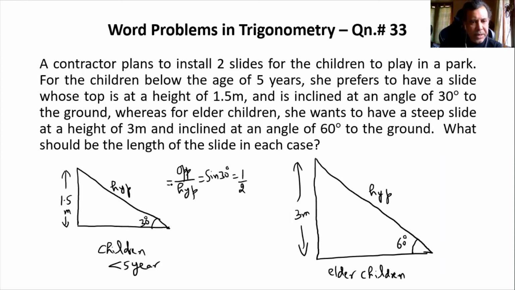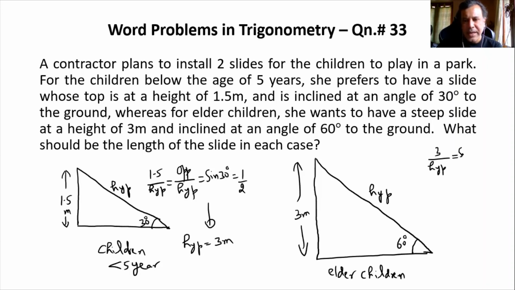And what is opposite here? Opposite is 1.5. Hypotenuse we are supposed to find. So by cross multiplication, we will have hypotenuse is equal to 1.5 into 2. That means this becomes 3 meters. For this, opposite is 3 meters. Hypotenuse is the same hypotenuse.